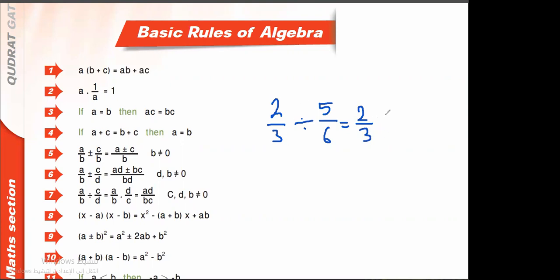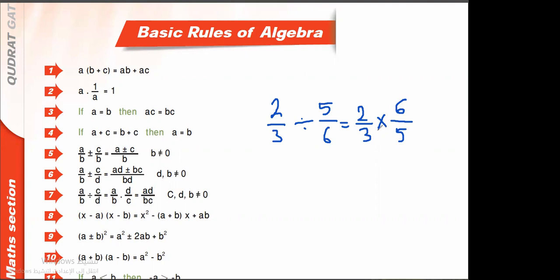Flip, and you write it here. So multiplication. What about the fraction here? Here you must put it what? 6 over 5, right, good. You flip the fraction.